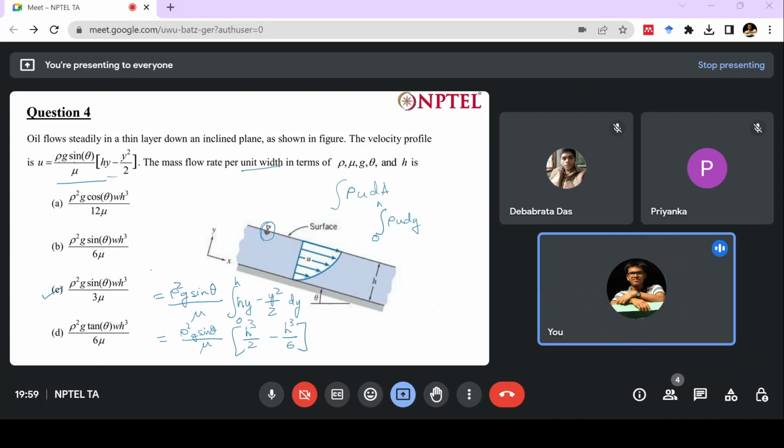And since it is not varying with x, it has assumed the same velocity throughout its inclination. That means there is already a balance between the viscous term and the gravitational term which is driving it downwards. This balance has been achieved. So if you solve such a flow, you will get this kind of a velocity profile for a thin film surface.